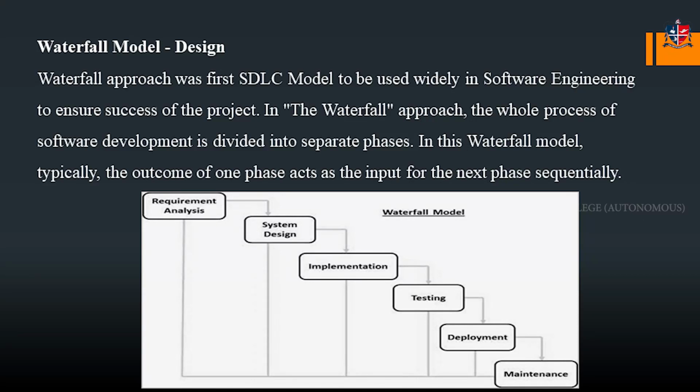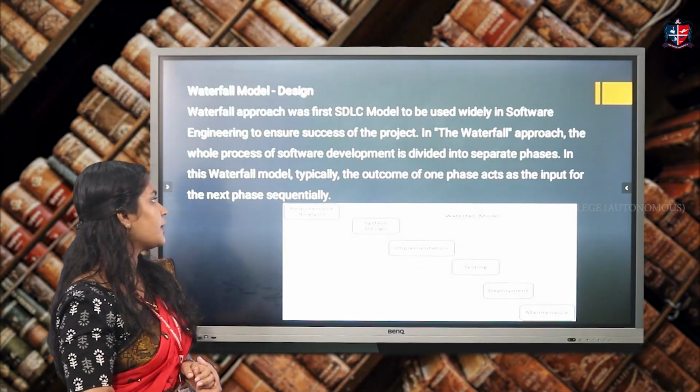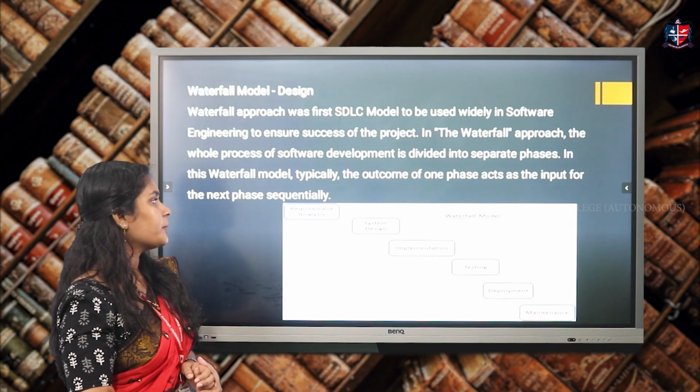And this is the structure of the waterfall model. It consists of 6 phases: requirement analysis, system design, implementation, testing, deployment, and maintenance. The waterfall approach was the first SDLC model to be used widely in software engineering to ensure the success of the project. In the waterfall approach, the whole process of software development is divided into separate phases.